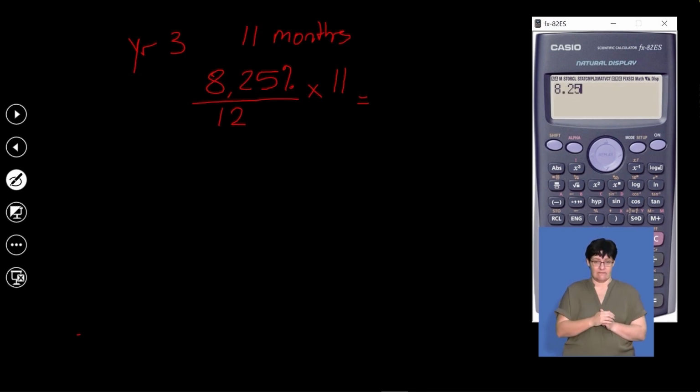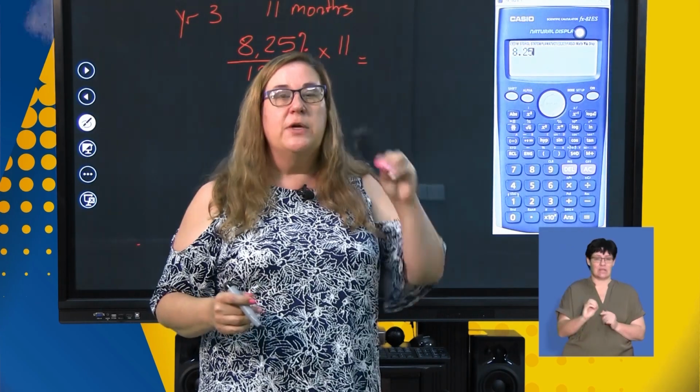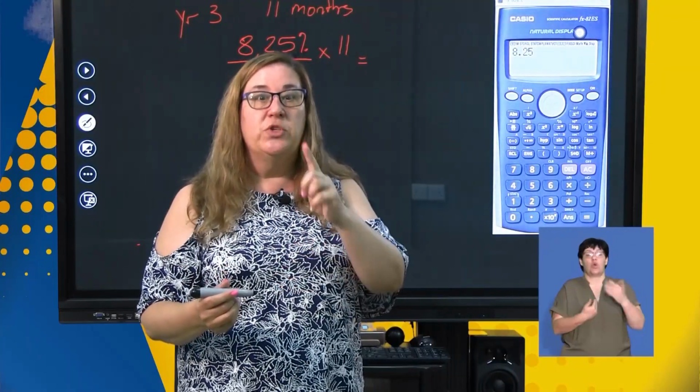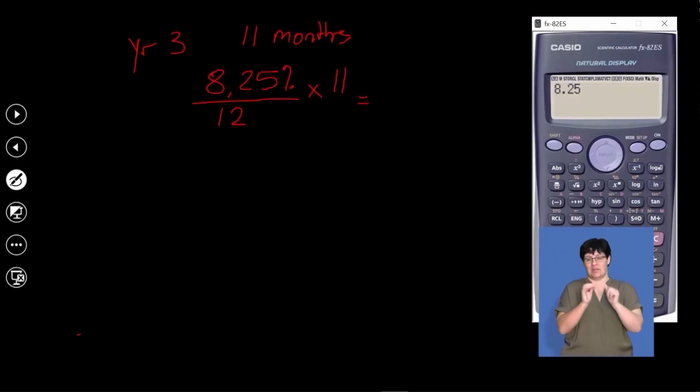Now I'm not typing in the percent, because my percent in this case is not a process that you need to do, it's rather a unit. So my 8.25, I'm going to divide that by 12, and times it by 11. And I'm going to get an answer of 7.5625.